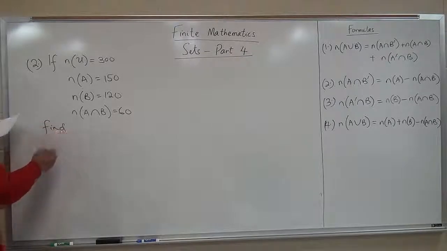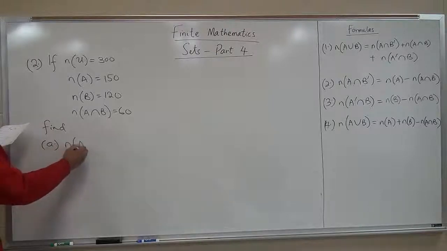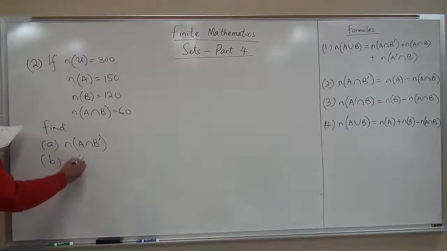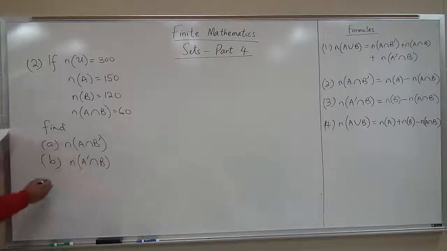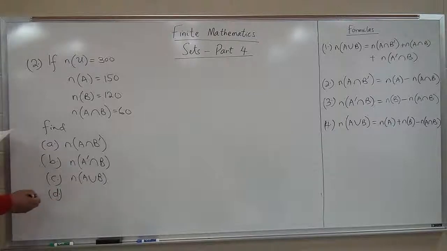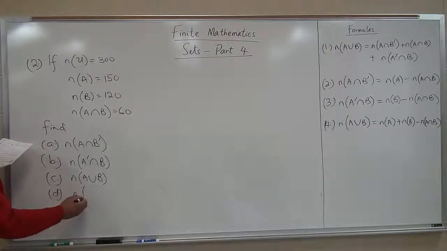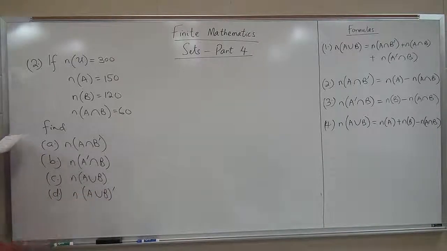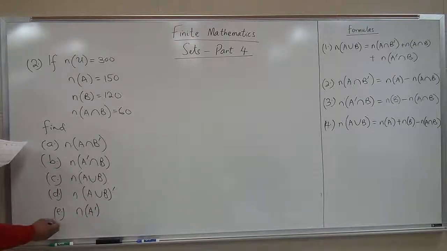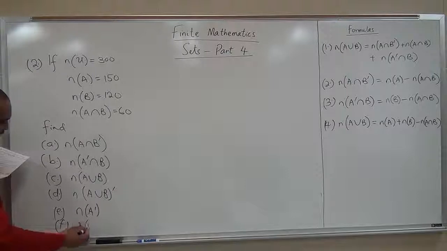Find A, cardinality of A intersect B prime; B, cardinality of A prime intersect B; C, cardinality of A union B; D, cardinality of A union B all prime; E, cardinality of A prime; F, cardinality of B prime.